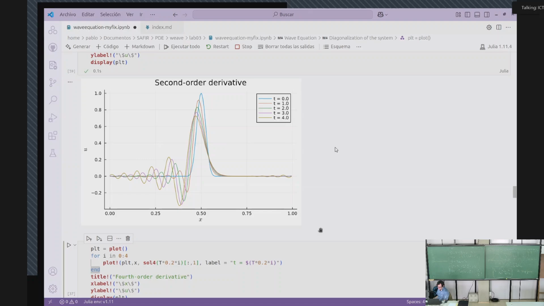Okay, and I want to ask you, because we have seen this in the theoretical part, why does this happen? Why is it that we are not getting back to the same point, but also that we are having all these weird oscillations in the end? Does anyone understand what's going on in this case?